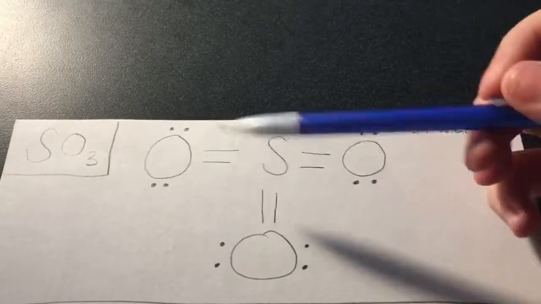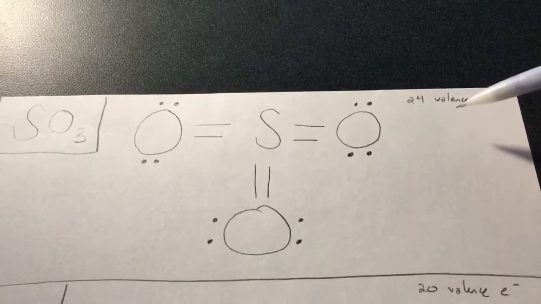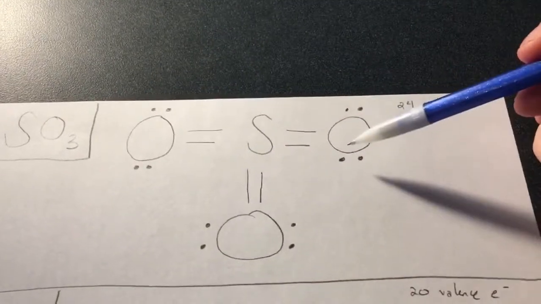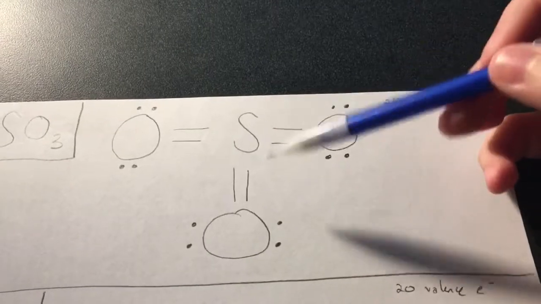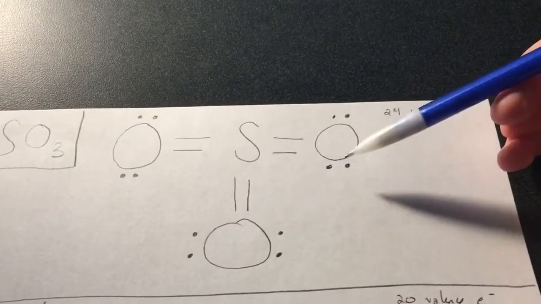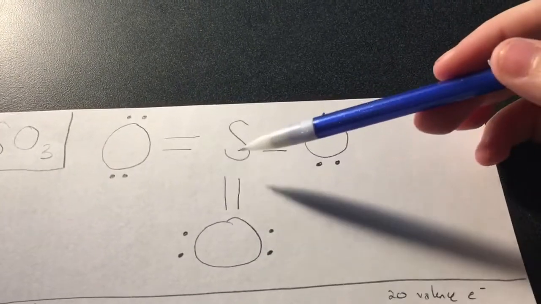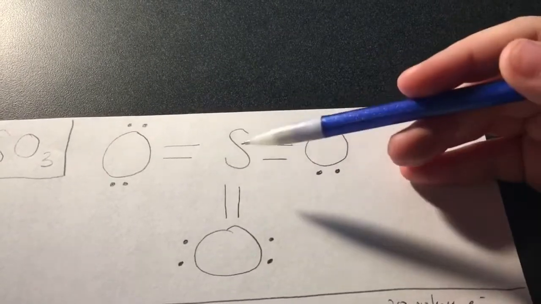So this is the Lewis structure for SO3. There's a total of 24 valence electrons due to oxygens each having 6, which makes 18, and then sulfur also having 6. When making Lewis structures, the first rule is to make the octets on the outside. I did so, but quickly realized that sulfur did not have an octet in the middle.